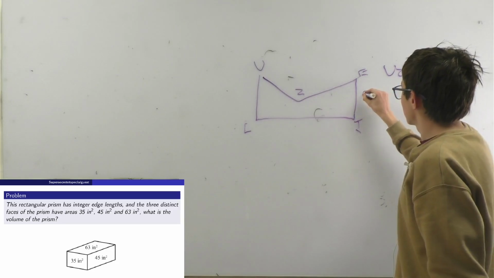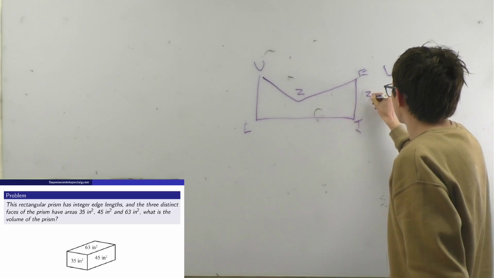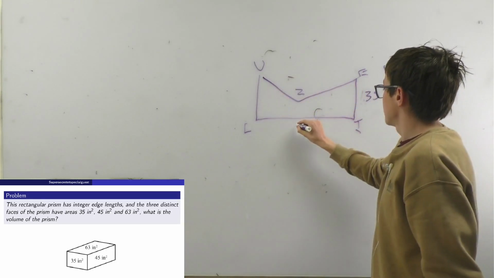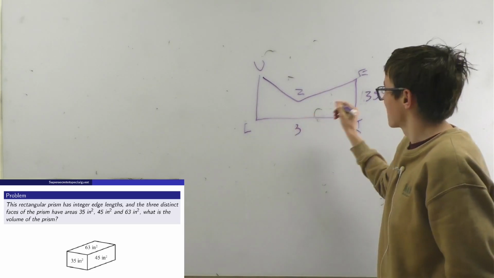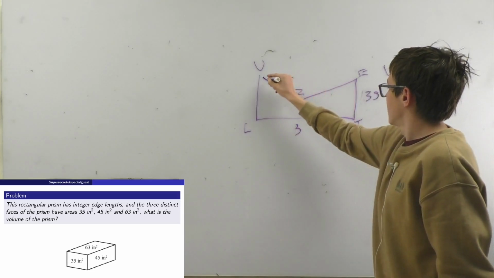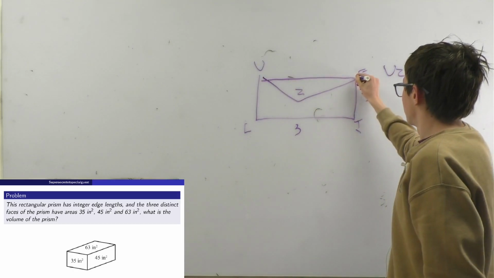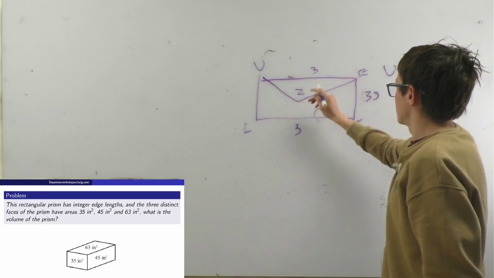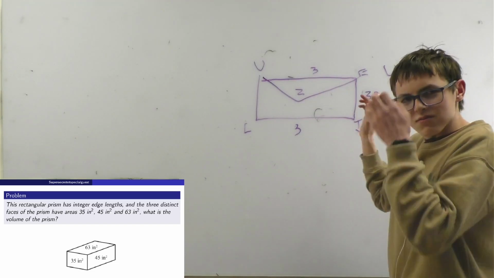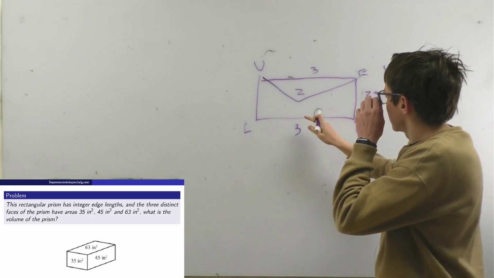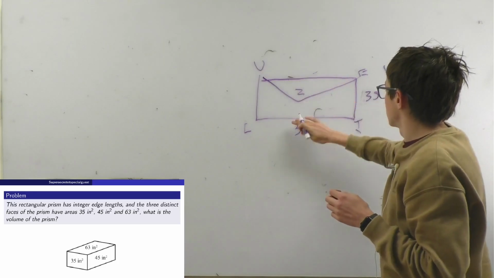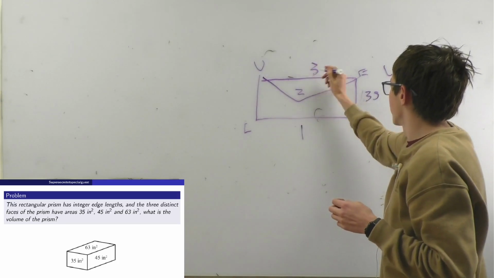And this length is 35. This length is 3, right? This length is 3 as well. Wait, what did I do? No, I forgot. It's 1, it's 1. This is 1, this is 3.